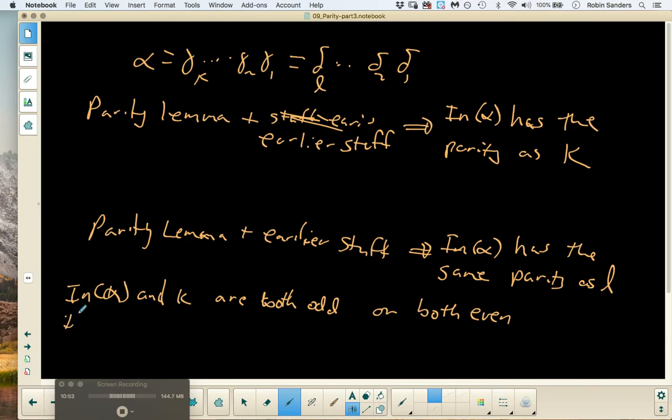And likewise, the inversion number of alpha and L are both odd, or they are both even.